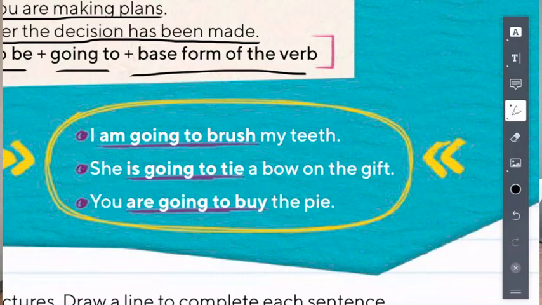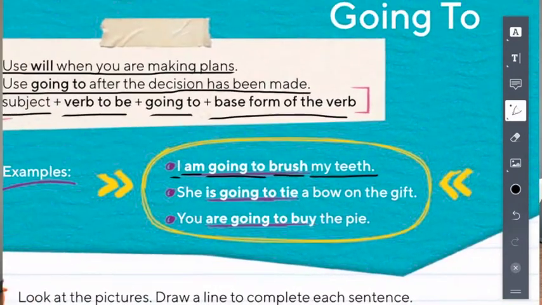Let's take the examples. I am going to brush my teeth. Do you see? Subject, verb to be, am, going to, verb, brush my teeth. Super easy. So that is the structure, okay? Subject, verb to be, going to, and the base form of the verb. Super easy. Let's check the example number 2.